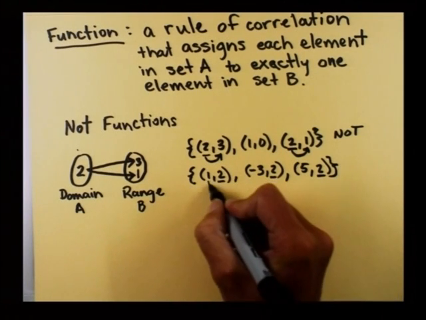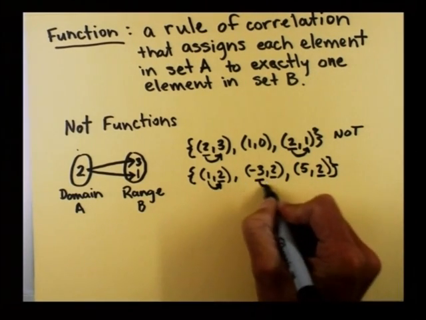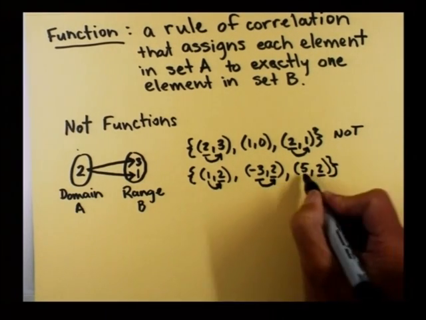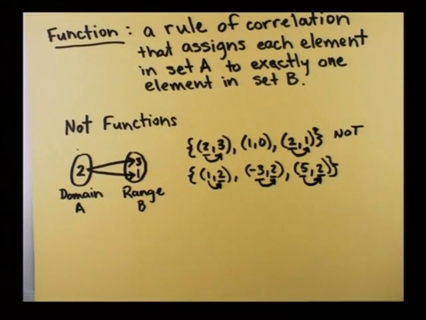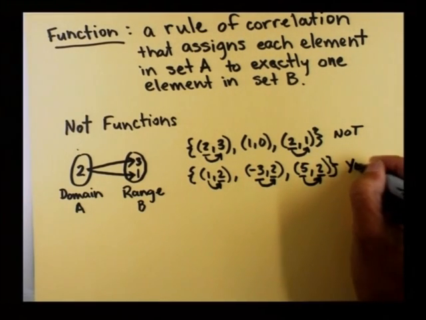The 1 is getting paired with a 2. Every time we see a 1, it's getting paired with exactly one other number. -3 is getting paired with a 2. It's okay, because the -3, every time I put it in, I'm getting a 2 out. The 5, every time I put it in, I'm getting a 2 out. So even though I have a repeating number, this one's different. This one does represent a function.